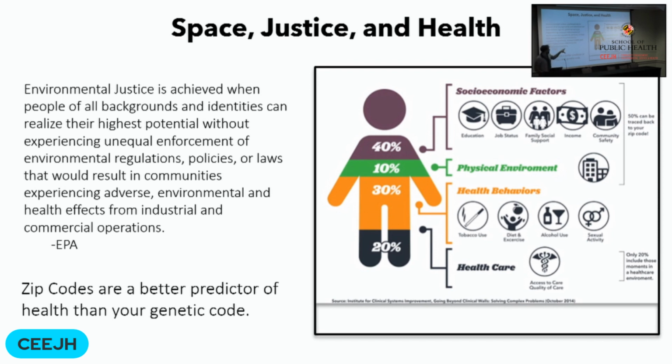If you can see on the little diagram on the side, health only contributes to about 20% of your healthfulness as a person. Everything else is psychological, environmental, social, the less tangible things that make very concrete differences on how you feel and your healthfulness on a day-to-day basis.